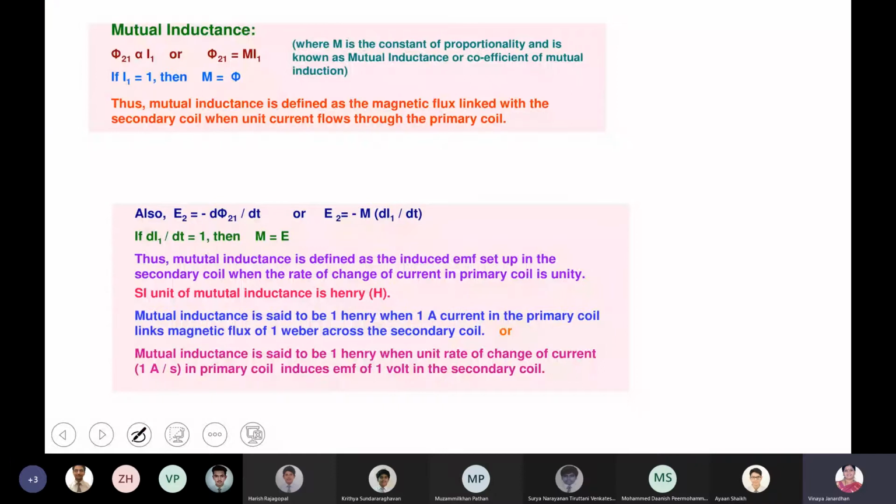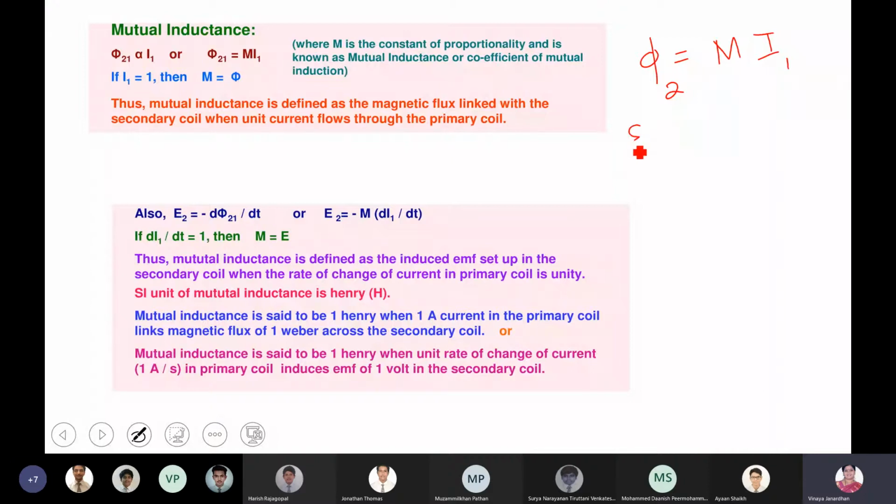We only wrote the first part of the slide, not the second. Okay. So the second part is that you are defining the coefficient of mutual induction. So phi 2 is equal to M into I. The flux linked with the second coil depends upon the current flowing in the first coil.